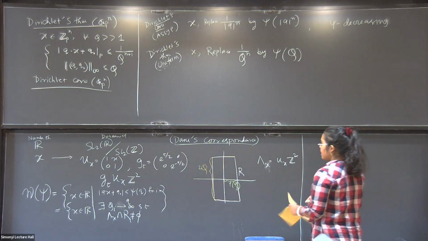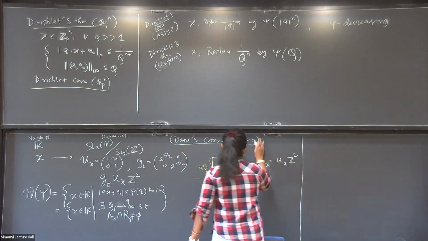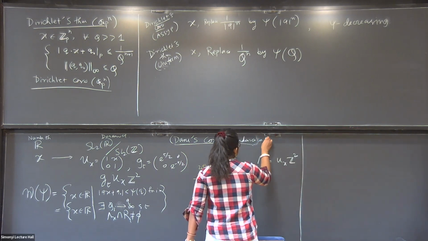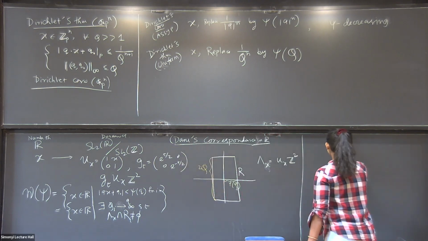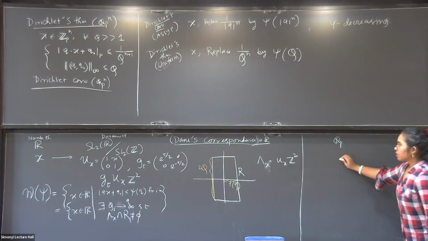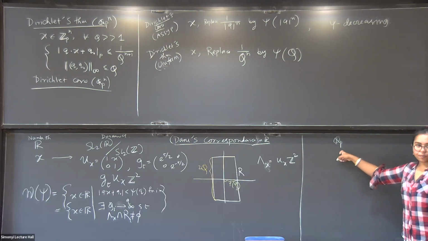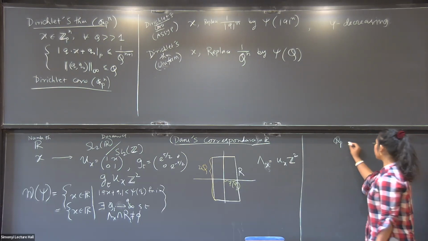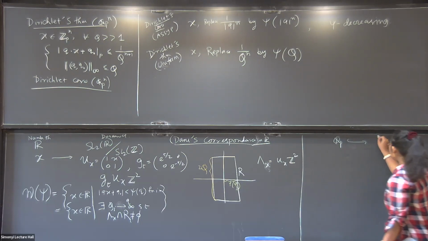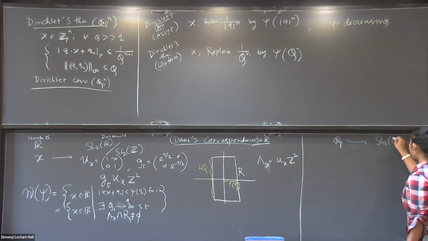Okay, so now this was in R. Now what do we do in the case of QP? You cannot just take SL2(QP) because there is no lattice. But you can think of QP inside SL2(QP) cross R mod SL2(Z[1/P]).